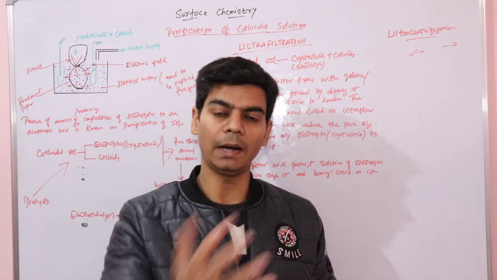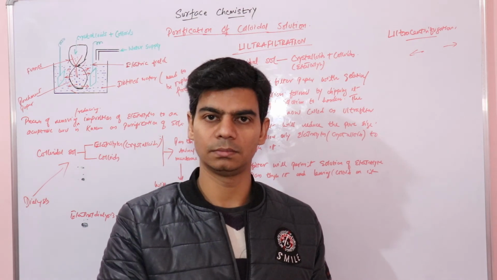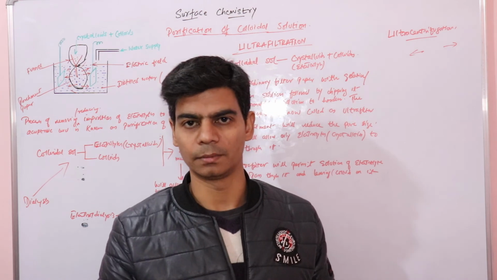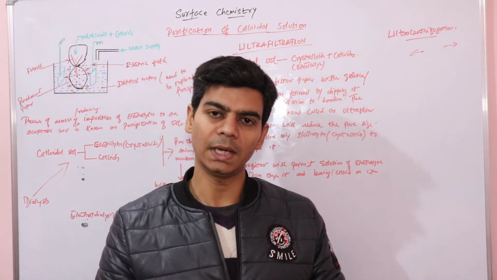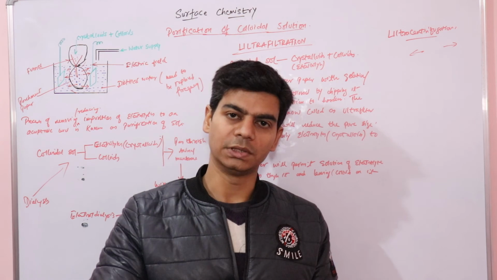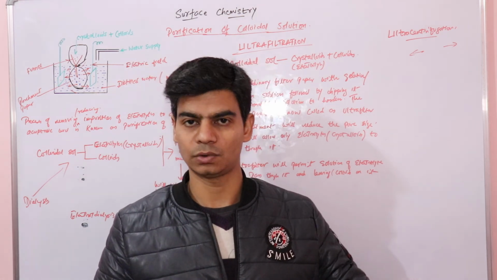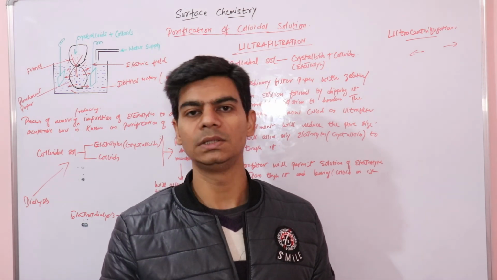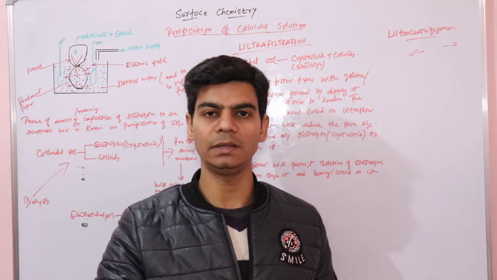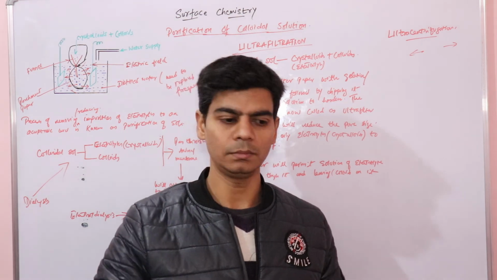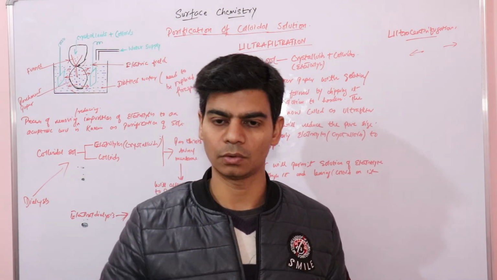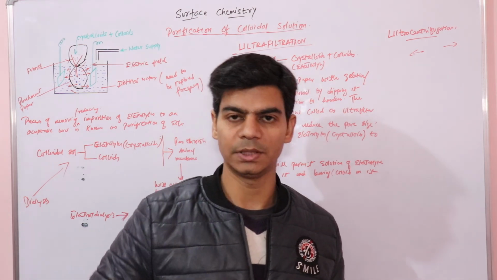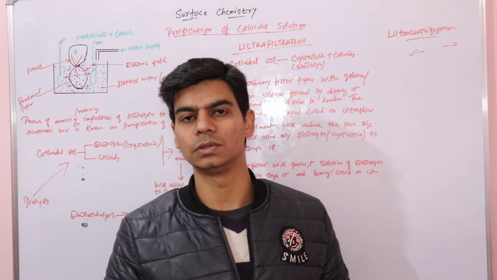Then you do decantation of this solution that has particles of colloids settled down, right? So when you do decantation, the colloids will get separated from the electrolyte solution, right? Electrolytes will remain in solution, whereas colloids will settle down. So you can do decantation that will remove colloids from the solution of electrolytes, and colloids can be treated back with the dispersion medium to get back the pure colloidal solution, right?